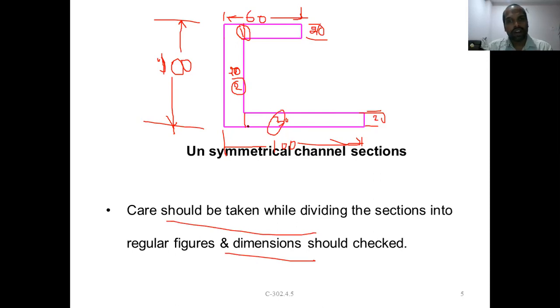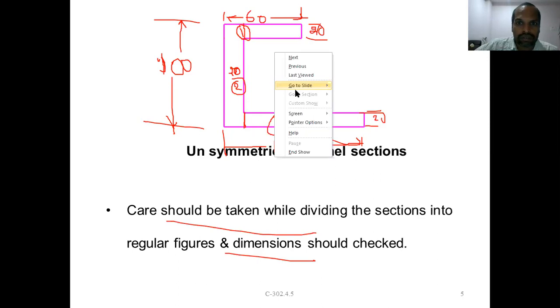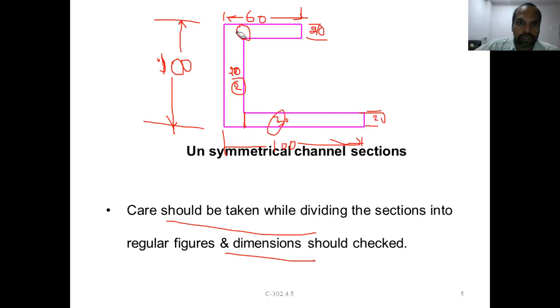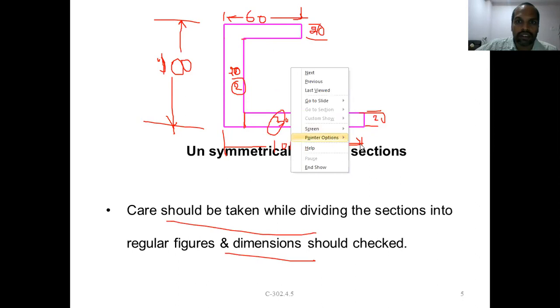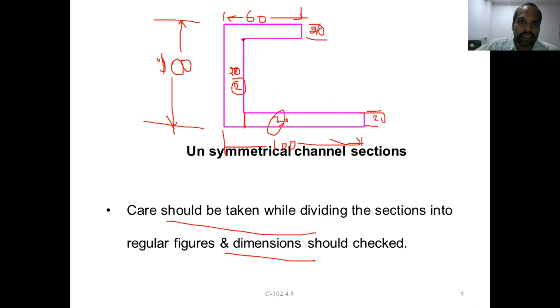While dividing it, the care to be taken is this. For example, I have divided like this. Now what is the size of figure 3? It is reduced here, 20 has gone to figure 2. Now what is the size of this one?